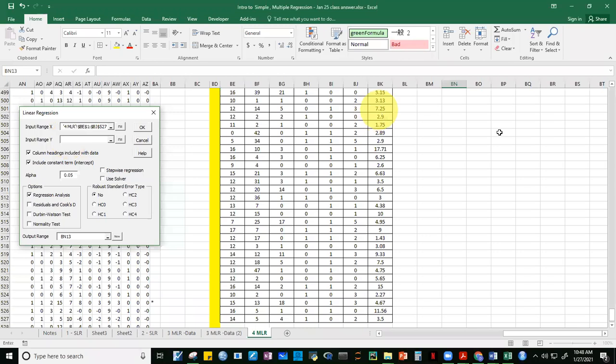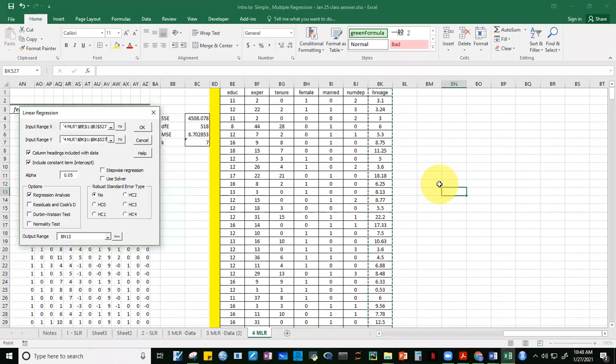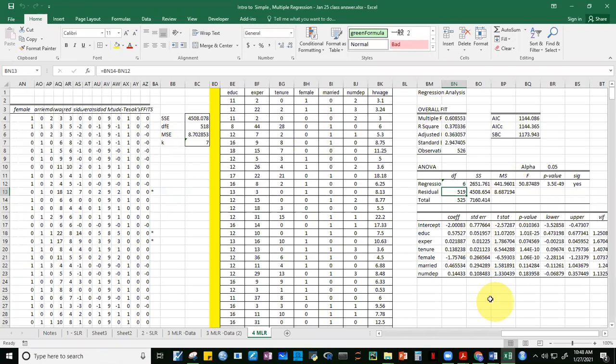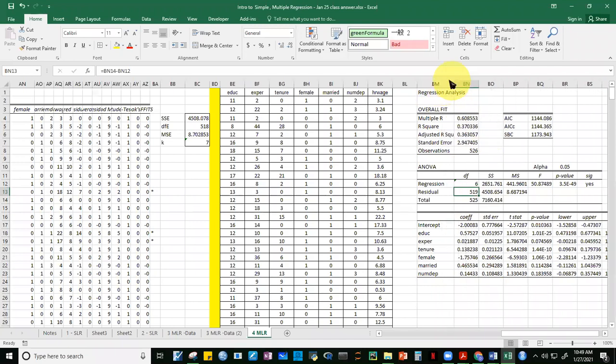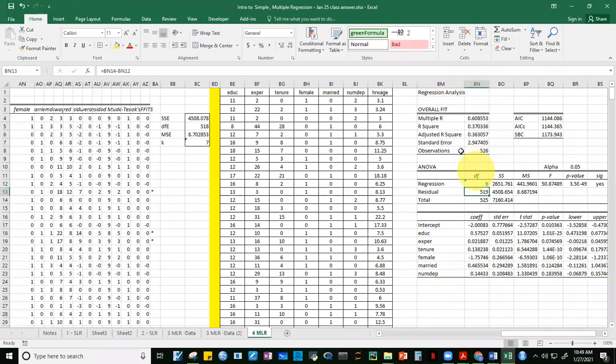Tapos si y natin, yan. Tapos, huwag na natin muna ilagay yung iba, no? Ito na lang muna. Tapos output natin, lagay natin sa BM1. Okay? BM1. Okay. So we have another regression, guys. Another regression.